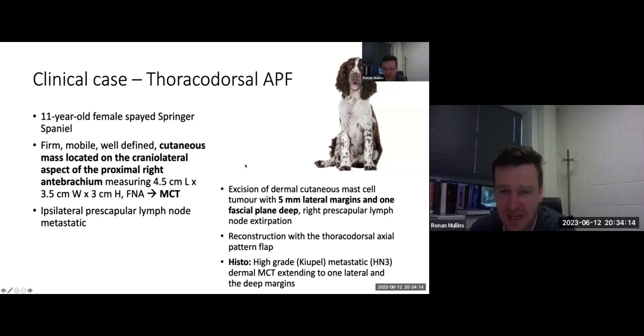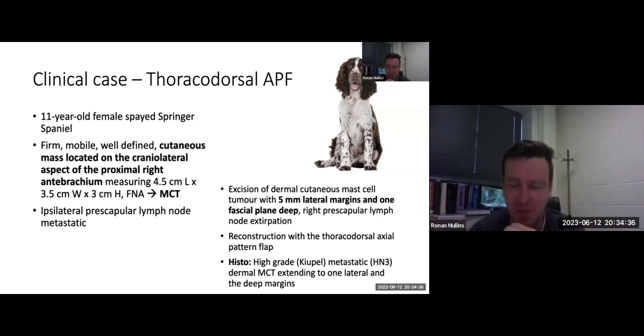I will say in all of these cases, we discussed with the owner the various surgical doses. Obviously we talk about radical, which would be amputation, wide margins, more narrow margins or marginal excision, and then the final one would be intralesional, which is not really done, which is scooping out tumor basically.